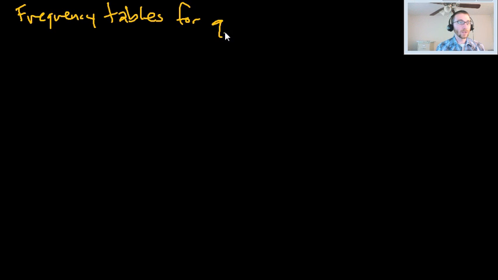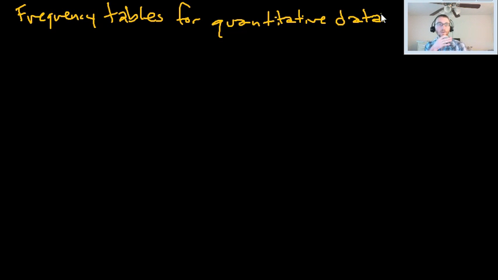The last thing we were talking about was how to make frequency charts for frequency tables for quantitative data. The tricky part we saw was that there's not a natural separation in the categories, in the bins, for quantitative data, right?